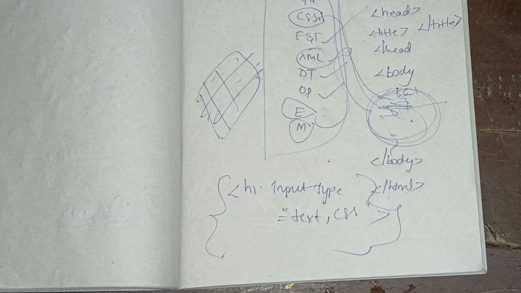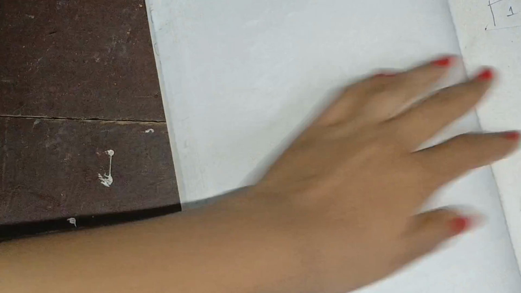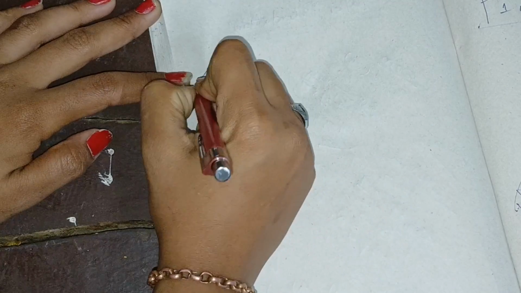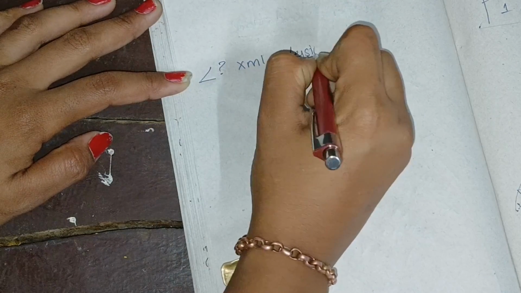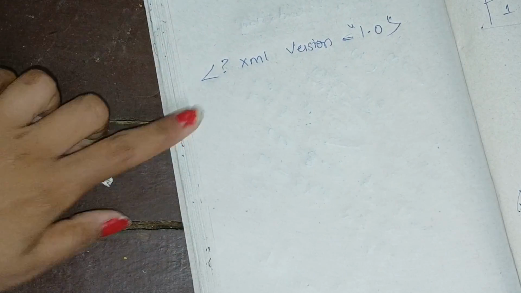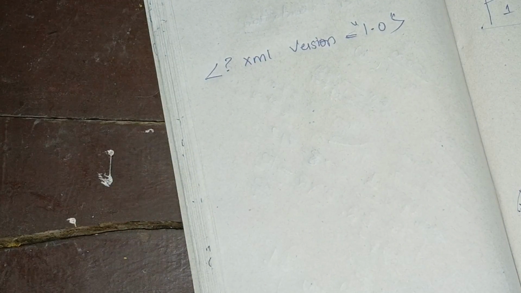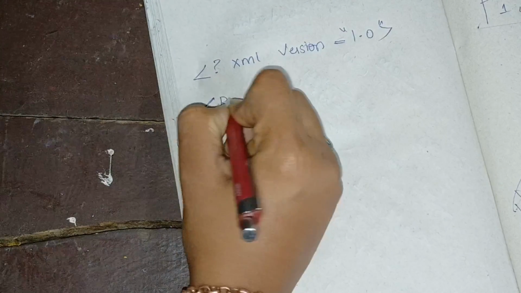Coming back to XML, here you will have the XML declaration: angle bracket open, question mark, xml version equal to 1.0. This is the syntax of XML. Here you will have the root element.